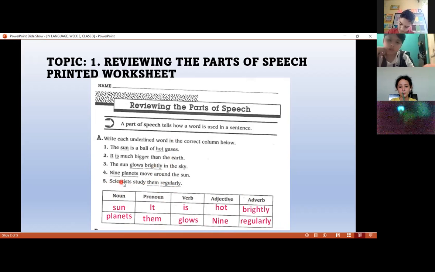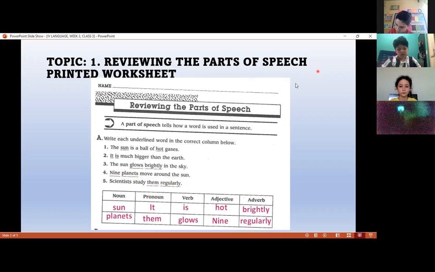Instead of saying scientists study the planets, we use them. The word them refers to the planets. But we don't write planets, we write them. It's a pronoun, it replaces the noun. And regularly is an adverb because it gives us information about the action. How do these people study these planets?